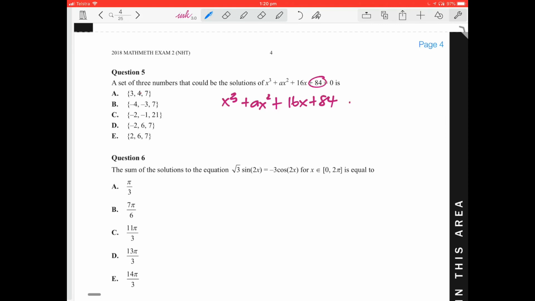Okay, 3, 12, 7 to 84, 84, 2 ones, 2, can't be that. 2 sixes are 12. Okay, so it could be that. We want to end up with a positive at the end.